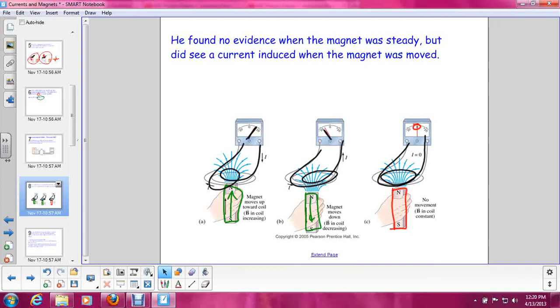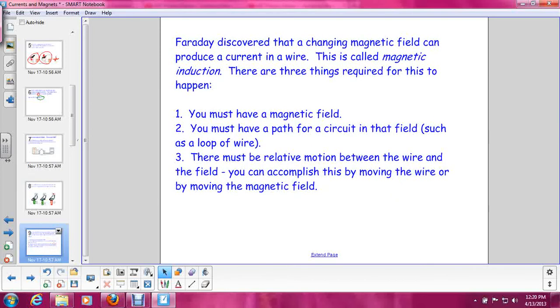And the direction of the current depended on whether he moved the magnet up or down. So this is what we call an induced EMF, or a magnetic induction, that a changing magnetic field can produce a current in a wire.